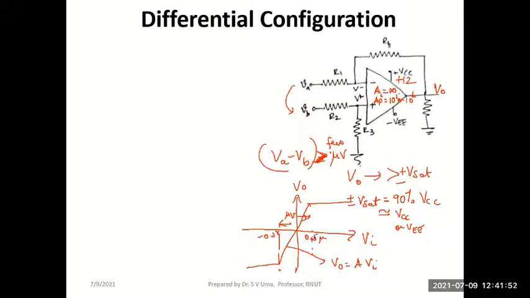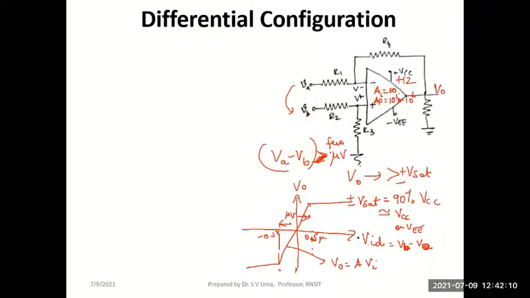But if this input voltage, this is your differential input. Remember, it is VA minus VB or VB minus VA, whatever. In this case, VB is given to the non-inverting terminal, so it is VB minus VA.